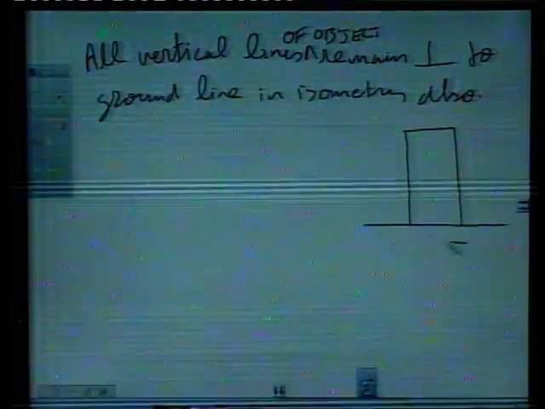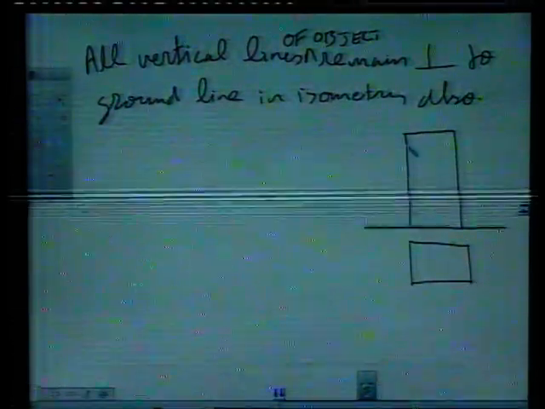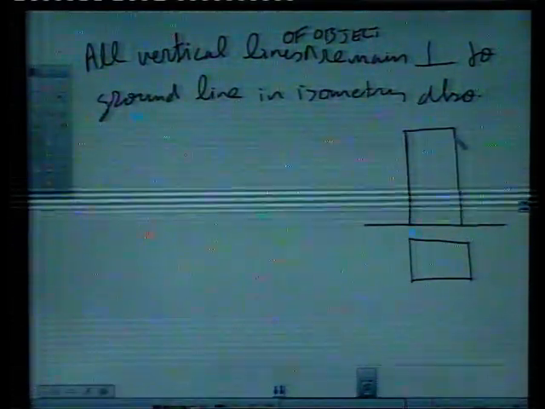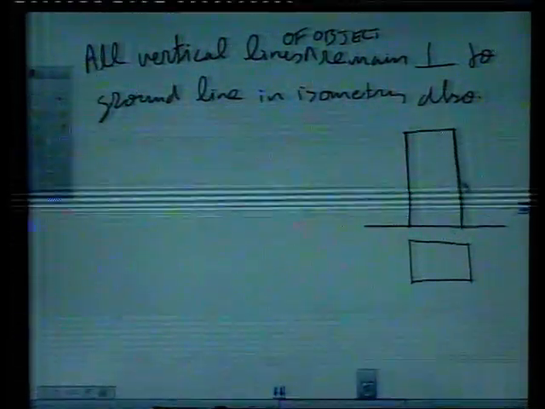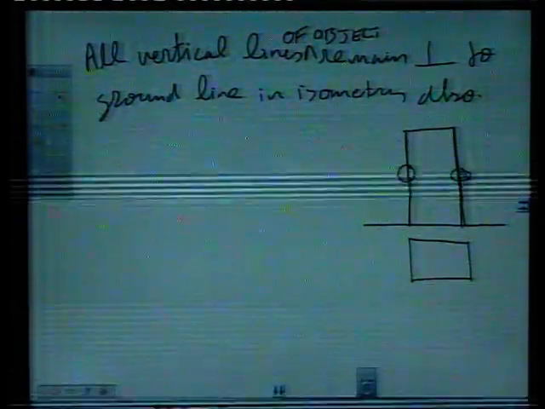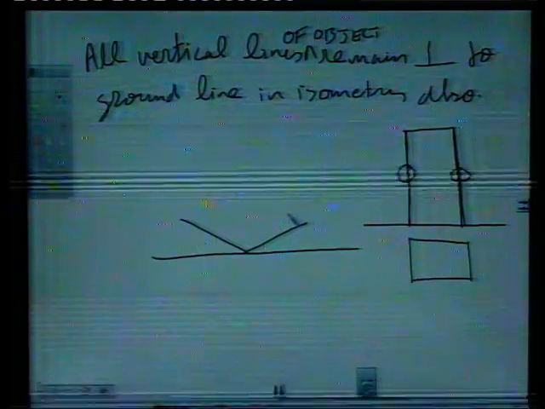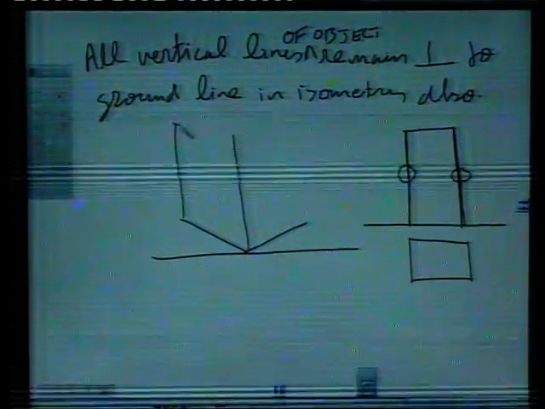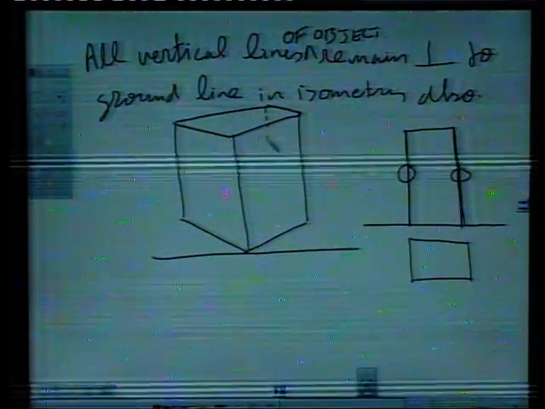Say again example of a cuboid, say same cuboid. So, these are vertical edges in elevation. If it is a cuboid placed like this, it will have 4 vertical edges, edges number 1, 2 and 2 behind these edges. So, its isometric is something like this. I will draw quickly. I will draw the hidden edge also.